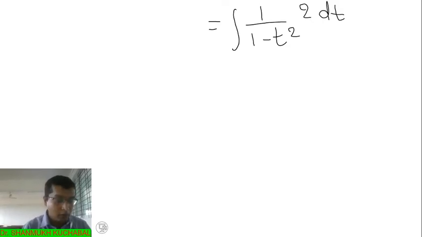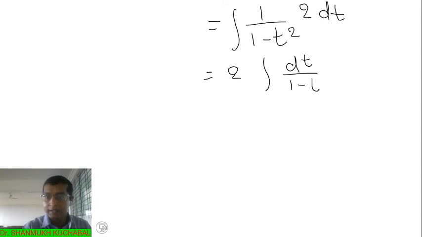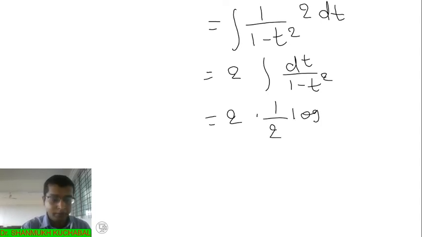Further 2 is a constant, we keep it outside, so we get dt divided by 1 minus t square. So further I write 2 as it is, the integration of 1 divided by 1 minus t square is 1 divided by 2 log of 1 plus t divided by 1 minus t.